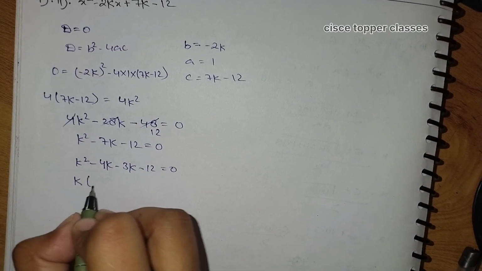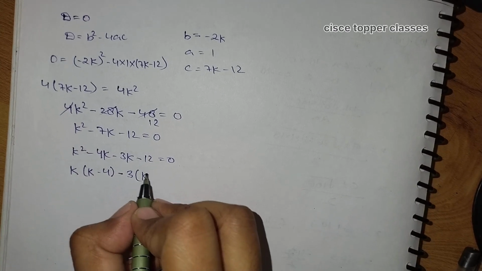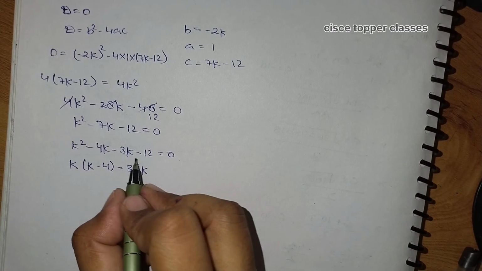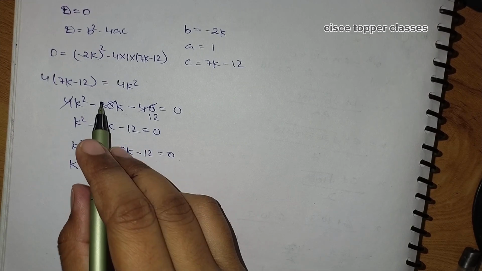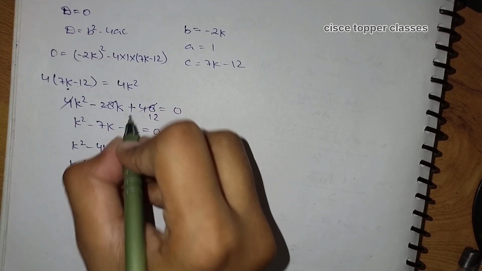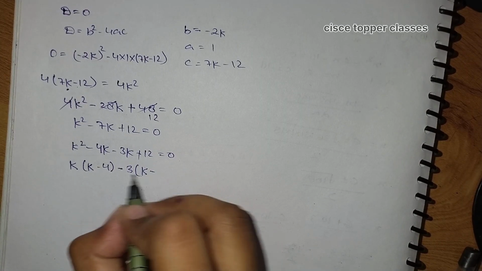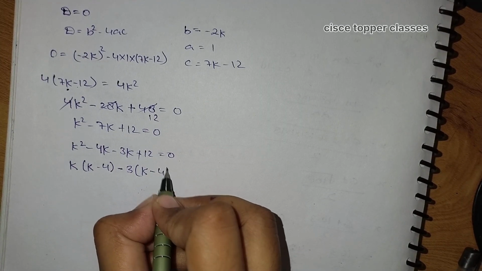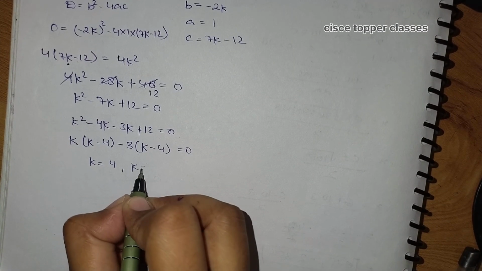Taking k as common, k minus 4, minus 3 as common, k minus 4. So k minus 4 equal to 0 gives k equal to 4, and k will be 3.